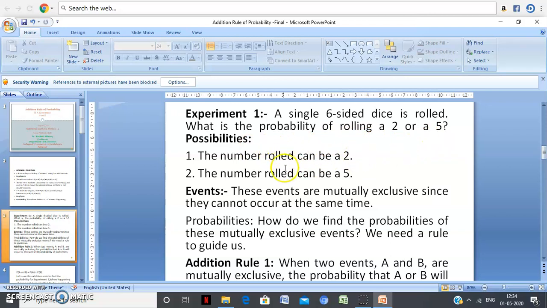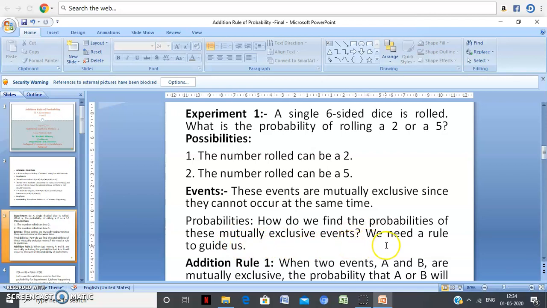There are two possibilities. The number rolled can be a 2 and the number rolled can be a 5. Now, what are the events? Events are mutually exclusive since they cannot occur at the same time. How do we find the probabilities of these mutually exclusive events?